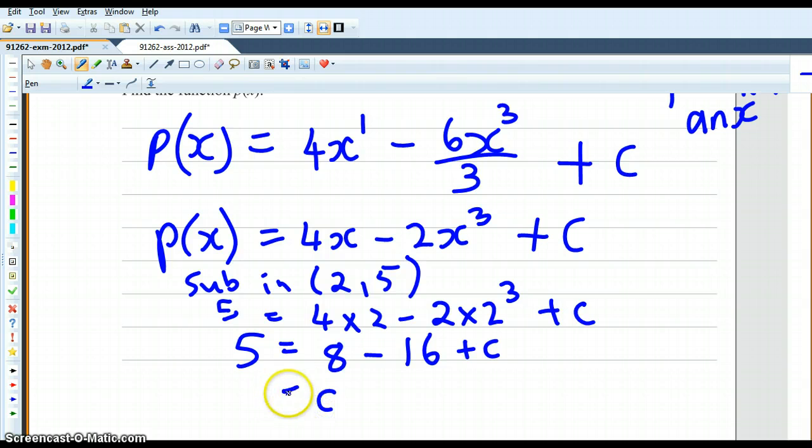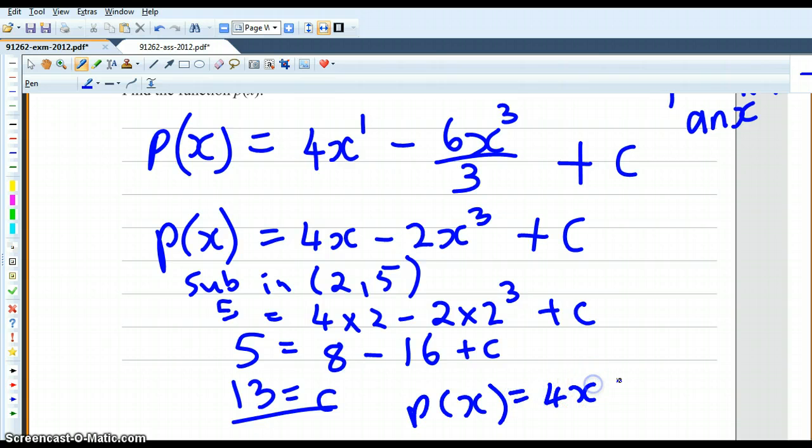So c equals 8 minus 16, which is negative 8, and then it becomes plus 8 on the other side, so 8 plus 5 is 13. So I'm thinking c is 13. So I'm thinking that p of x equals 4x minus 2x cubed plus 13.